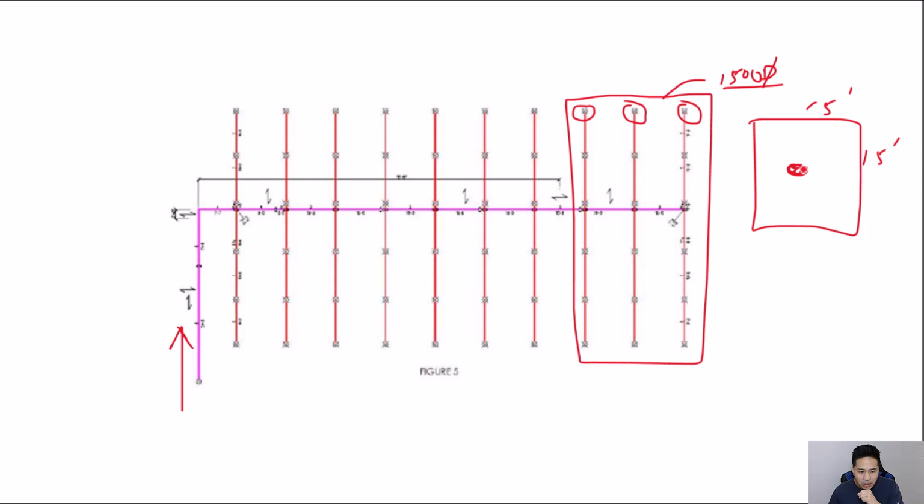So the sprinkler head is basically in the center of that square, and the area would be 15 times 15, which is 225 square feet. You would apply that density of 0.1 GPM per square feet to that area for each of the sprinkler heads. So in this case, 0.1 times 225 would be 22.5 GPM per head, which is what you would use as part of your hydraulic calculation.